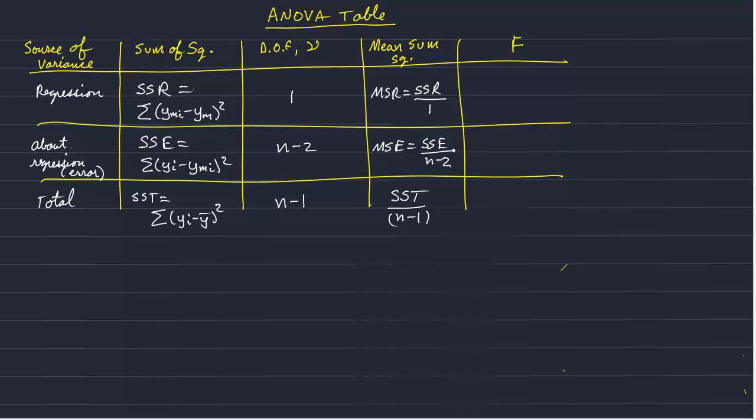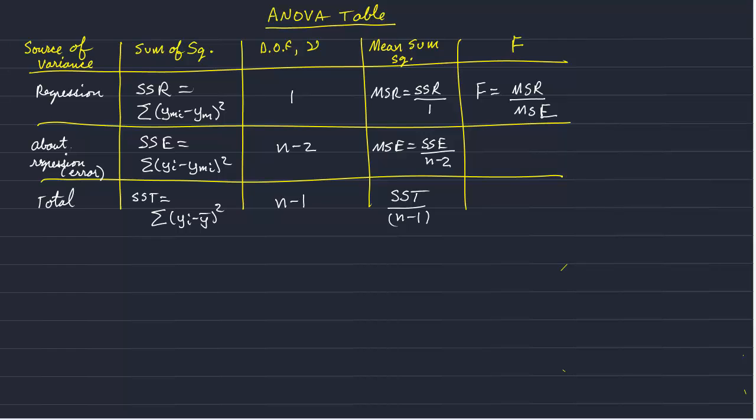And finally, for the F column, we'll take the ratio of MSR over MSE, and that's the statistic we'll use for our test.